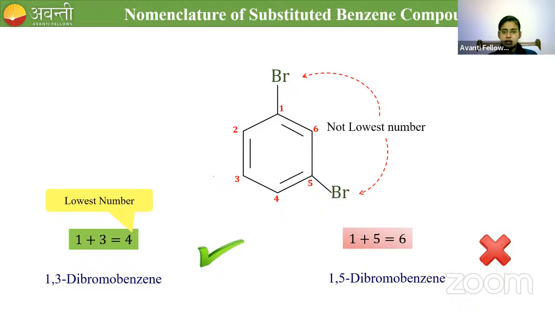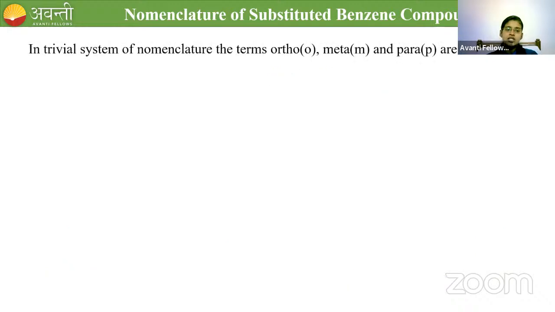Okay. So now let's go for some more information about these substituted benzene compounds. In the trivial system of nomenclature, what is meant by trivial system? The common name. There are two different types of names, right? Common name and IUPAC name. In the common naming, the terms ortho, meta and para are used.